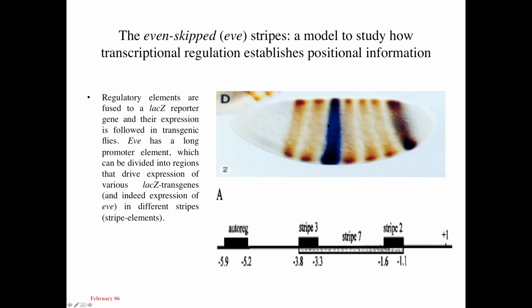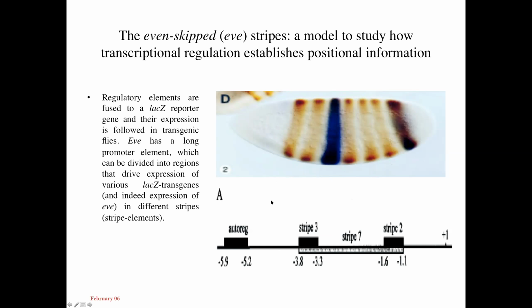Now these stripes are not segments; this is not dividing the embryo into segments. It's just that genes appear as stripes, which means there is a repetition, and even skipped or any of these pair rule genes appear as repeating units.